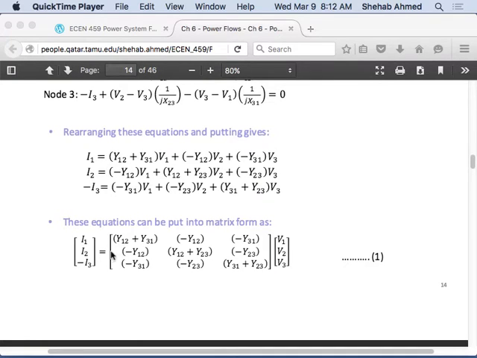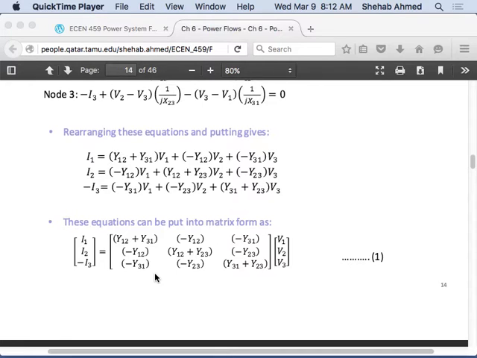But if you add all the rows, the sum is 0, so these equations are linearly dependent. Mathematically, there's some problem with solving this circuit using these three equations.